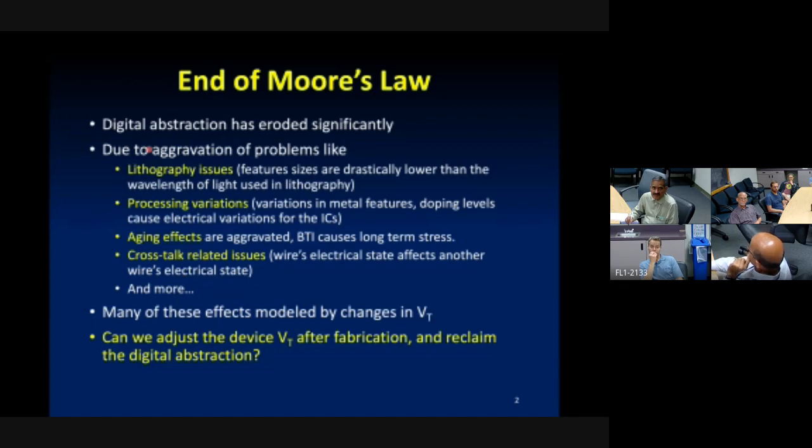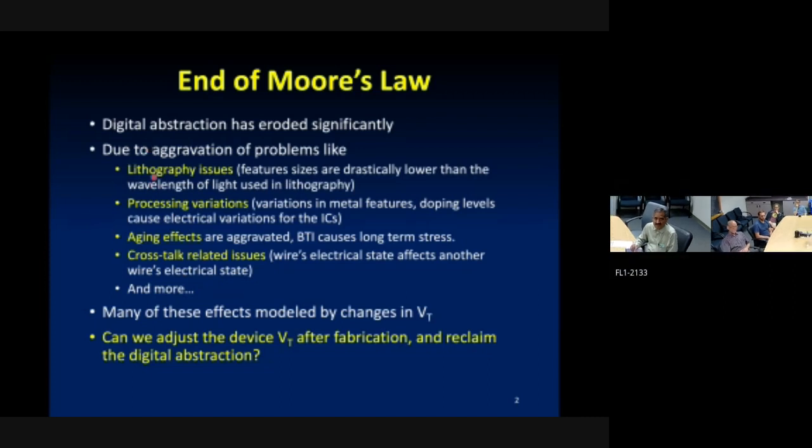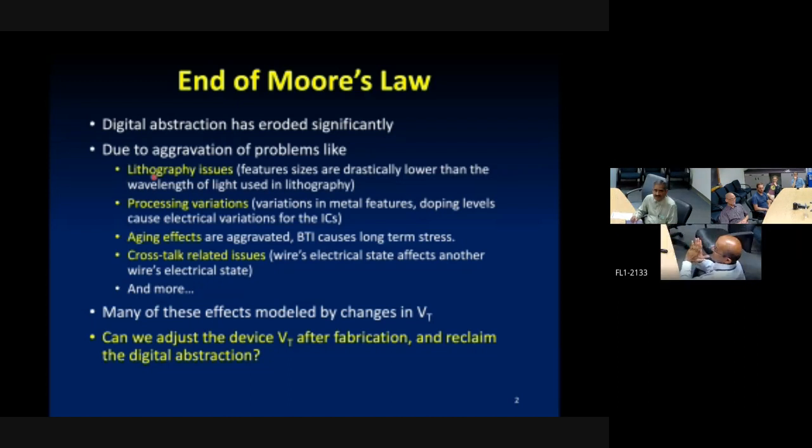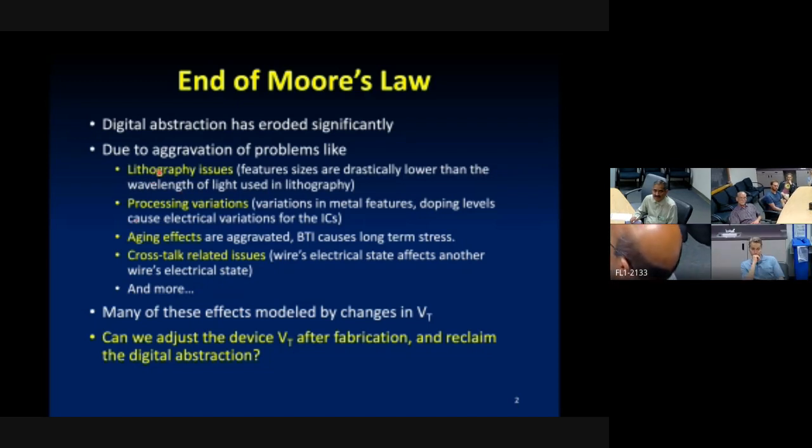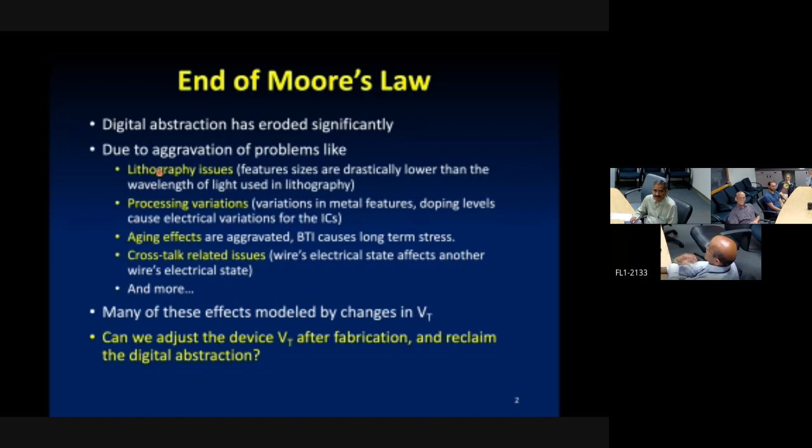The interesting thing is that many of these physical phenomena can be modeled mathematically as a change in something called the threshold voltage of a transistor. The threshold voltage is the voltage at which the transistor just turns on. A lot of these effects manifest as VT changes in a mathematical model, like a SPICE model.